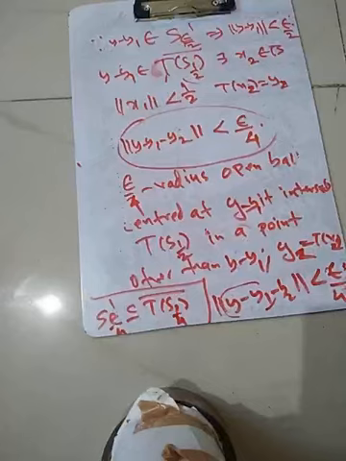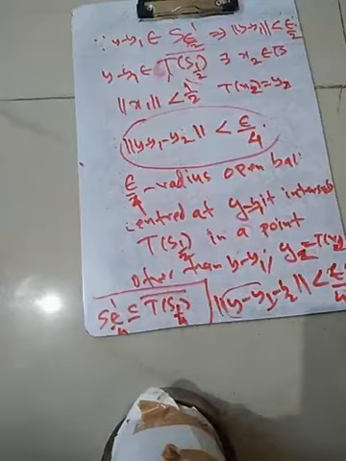So we have the point y contained in T of S1 bar, y minus y1 is contained in T of S half bar, y minus y1 minus y2 is contained in T of S1 by 4. And so on. So let's write that with the scalings.